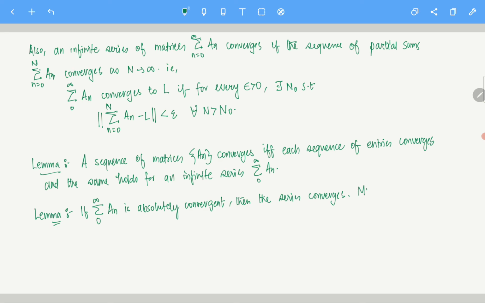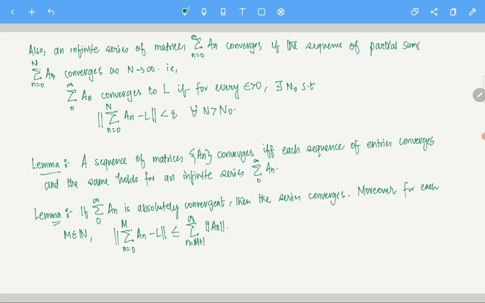Moreover, for each capital M in the natural numbers, you have something like this: the norm of the partial sum n equals 0 to capital M of An minus L is always dominated by summation n equals capital M plus 1 to infinity of the norm of An.